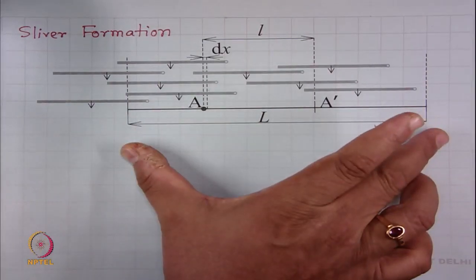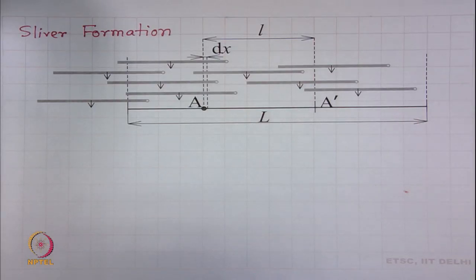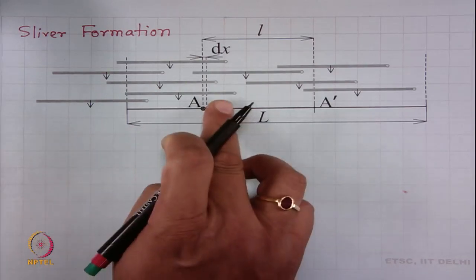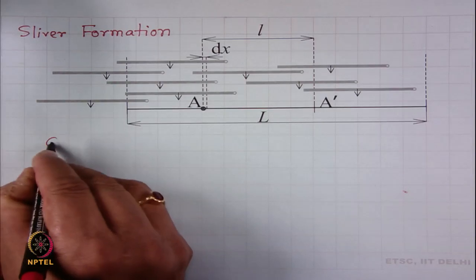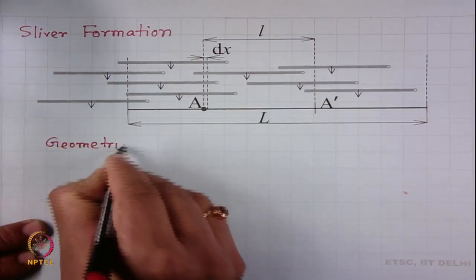Total length is capital L, that is the sliver length. So, the probability that a fiber is passing this line refers to the so called geometric probability.